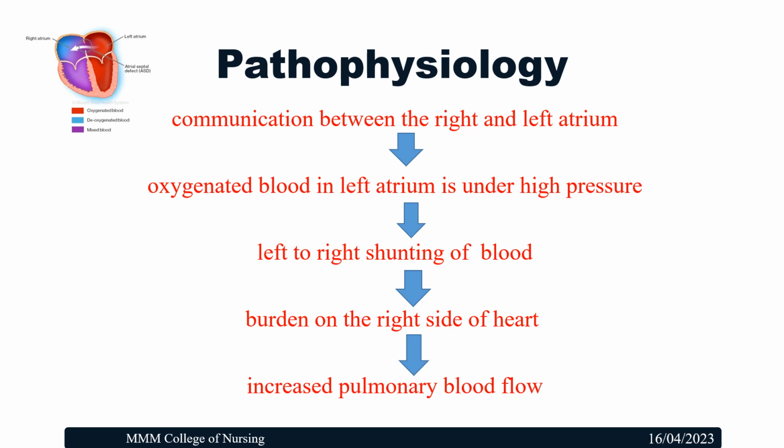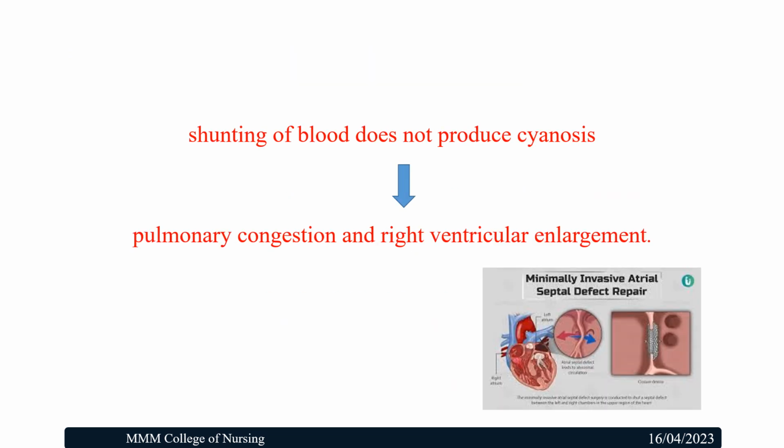You have increased pulmonary blood flow, but it does not cause cyanosis. It leads to pulmonary congestion and right ventricular enlargement. So these two things are the major ones: pulmonary congestion and right ventricular enlargement.